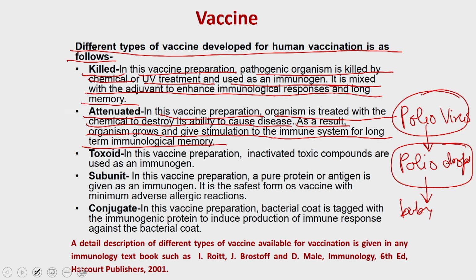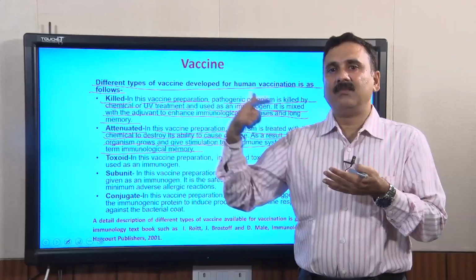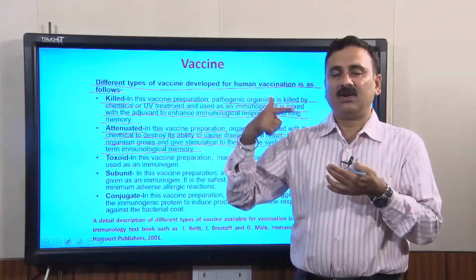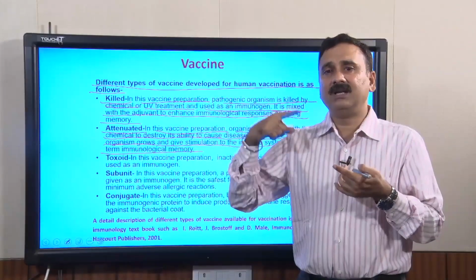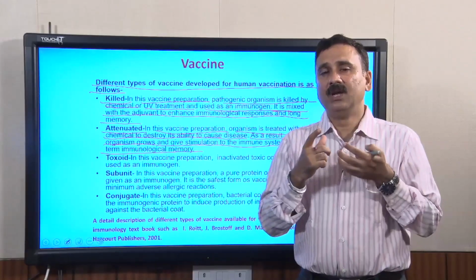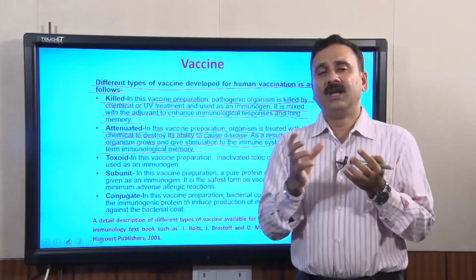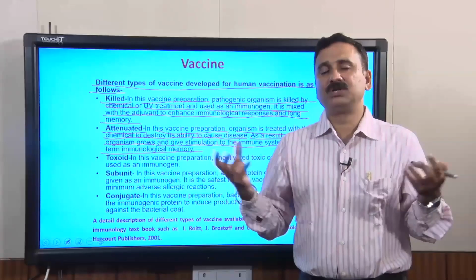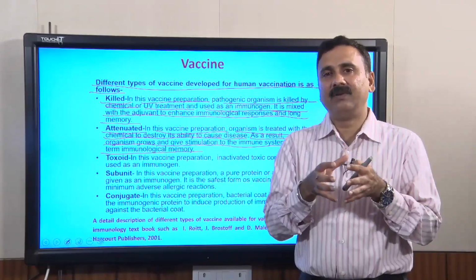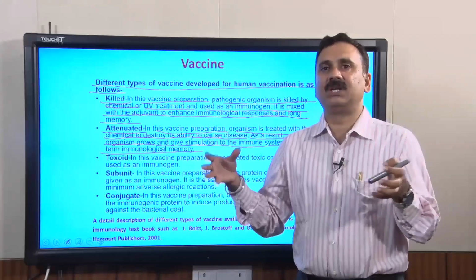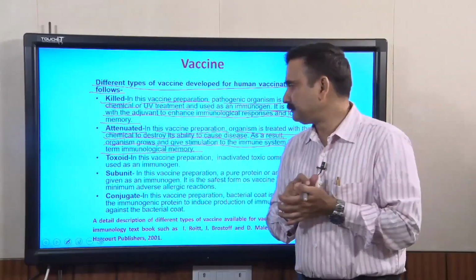The baby keeps generating the antibodies and other kinds of immune responses against these viruses, and as a result it causes a very robust immune response. It causes a large production of memory B cells, and that is how the baby is going to have very long term protection against the disease.